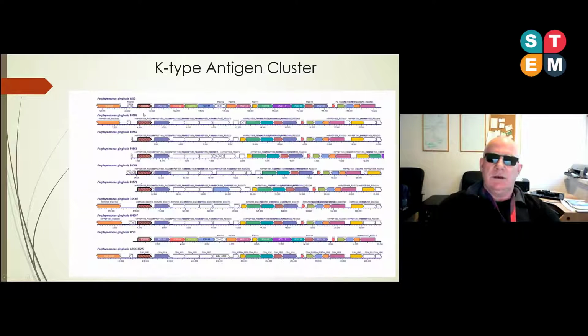And the K-type antigen cluster, it's a little bit more difficult here to see, but essentially we see that there are 13 genes, and out of those 13, 6 are absolutely conserved. This is the first two, and the last 4: 1, 2, 3, 4.